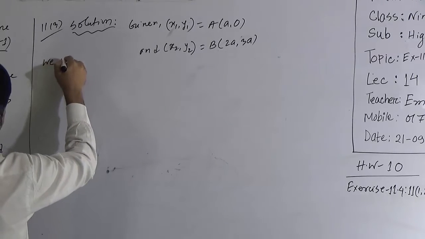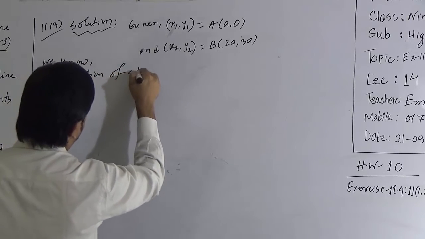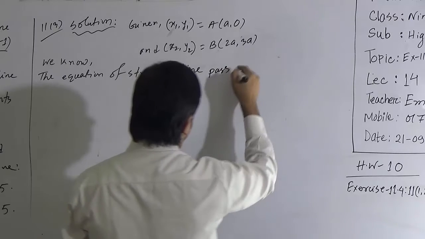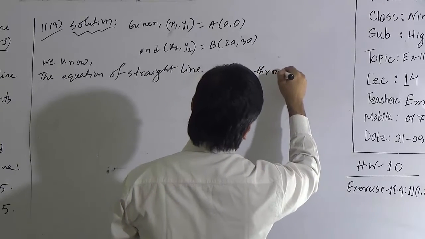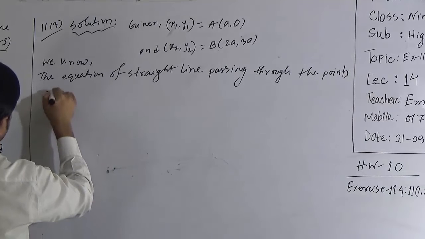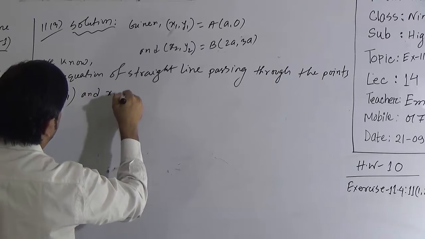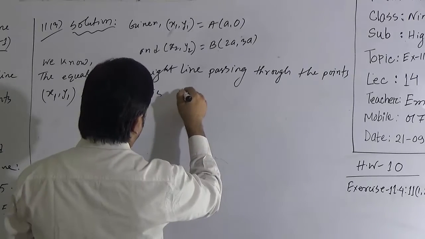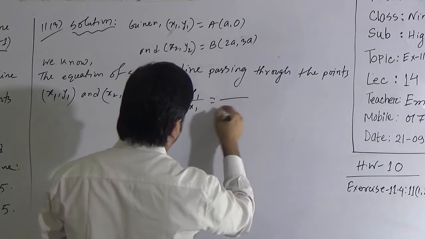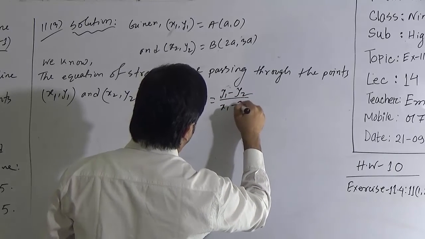We know the equation of straight line passing through the points x1, y1 and x2, y2 is y minus y1 divided by x minus x1 is equal to y1 minus y2 divided by x1 minus x2.